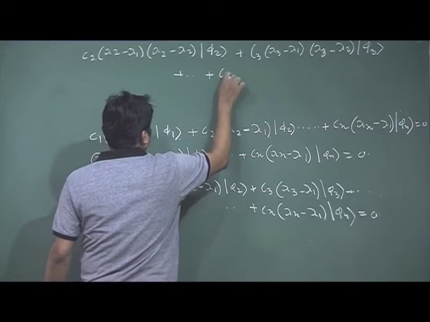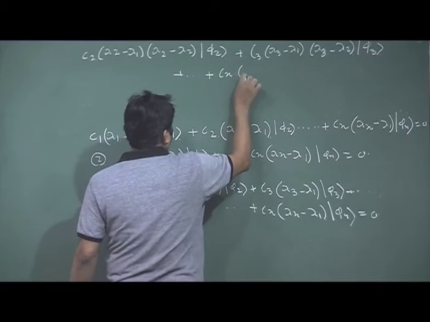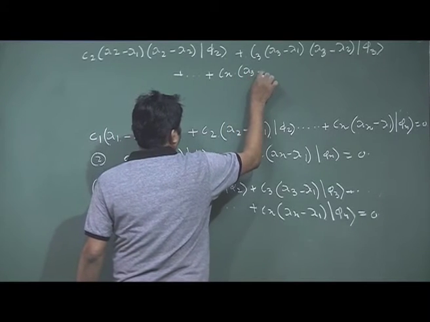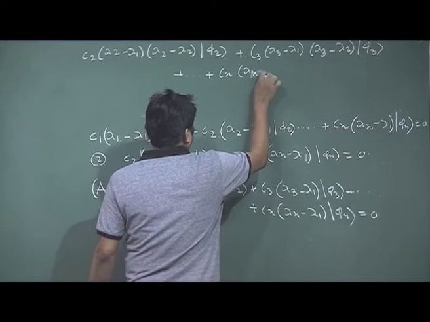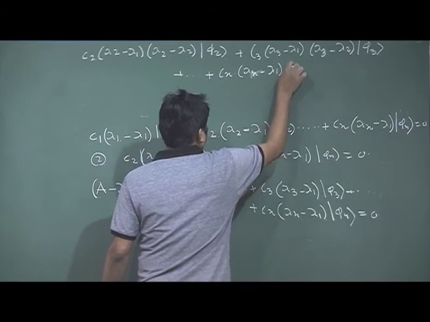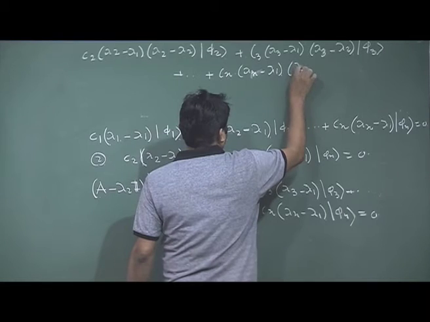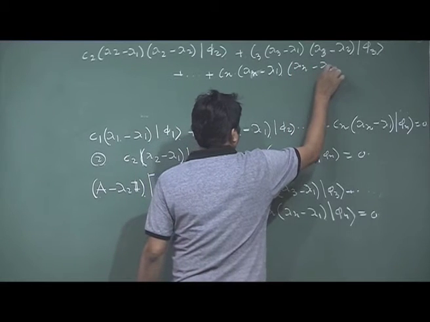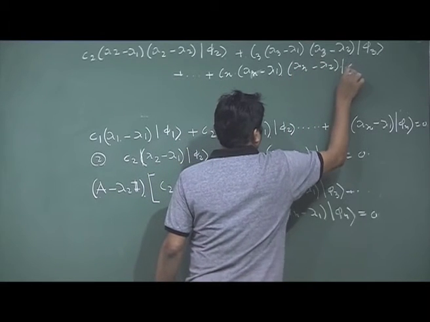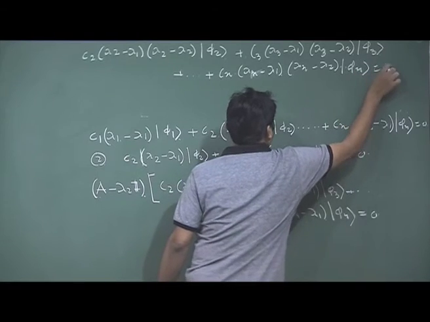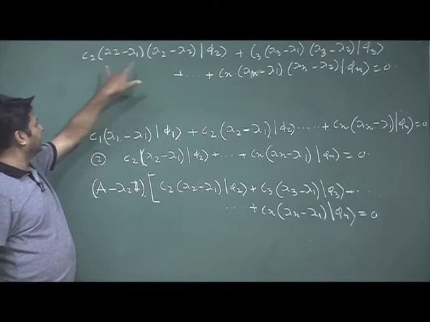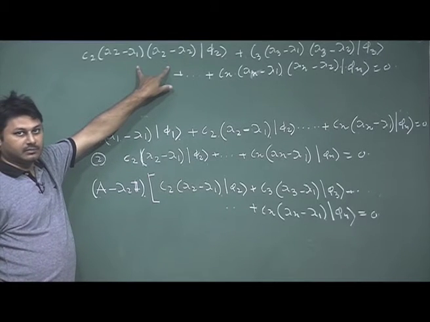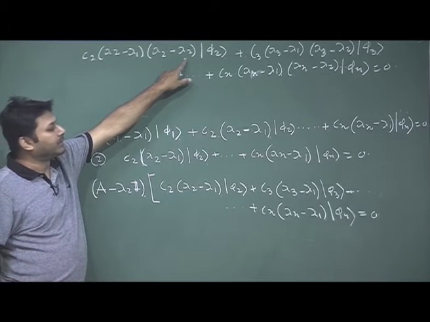And finally, I will have Cn (lambda n minus lambda 1)(lambda n minus lambda 2) phi n is equal to 0. Now, again this C2 term will vanish because lambda 2 minus lambda 2 is 0.